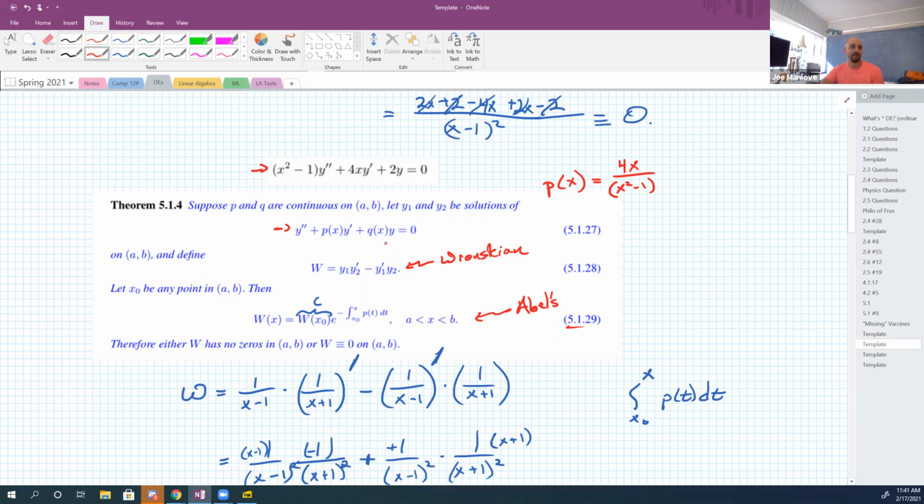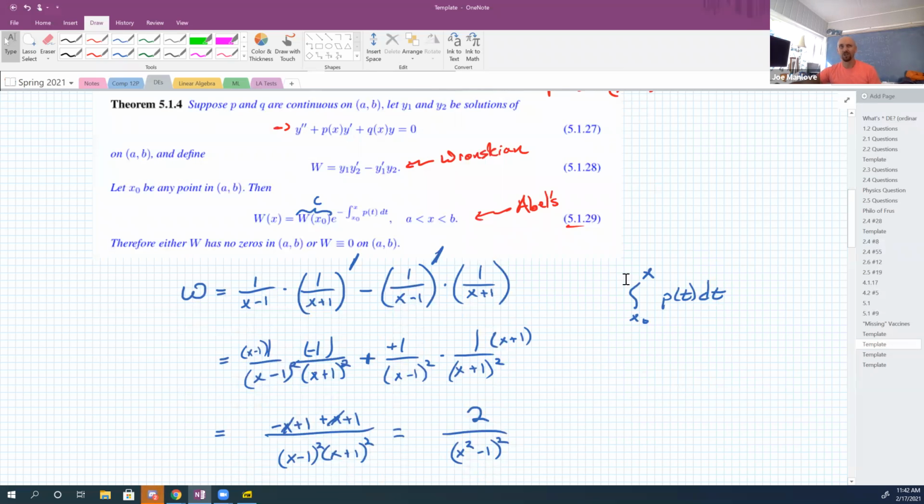Does that jive? I'm going to tend to take x naught to be 0 and look at that middle interval, only because the problem above asked for an initial condition of 0 anyways. But I'm not doing that explicitly right here because I want to do this a little more generally. Does that make sense?